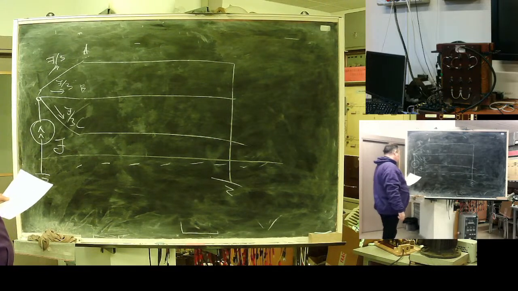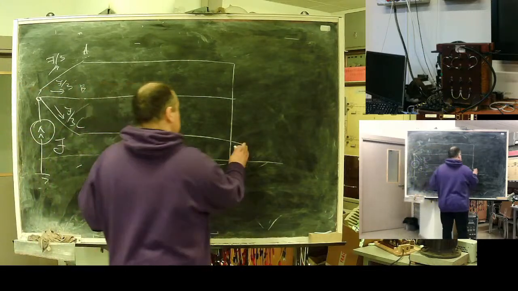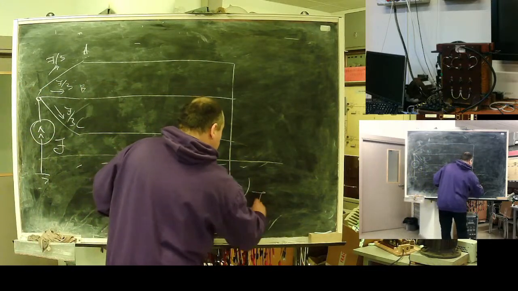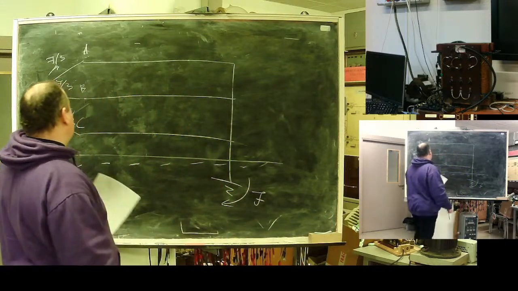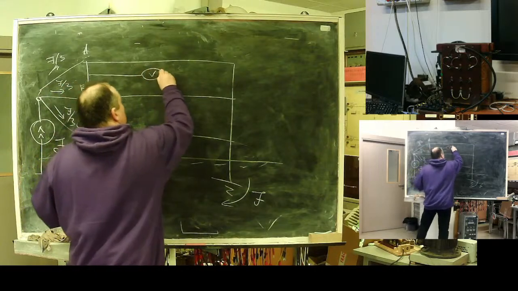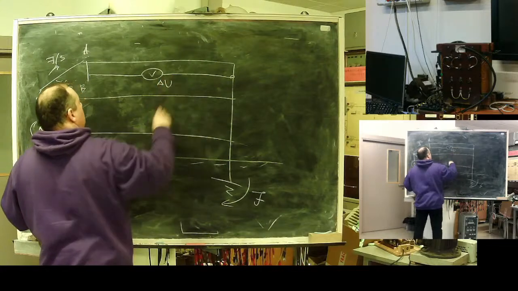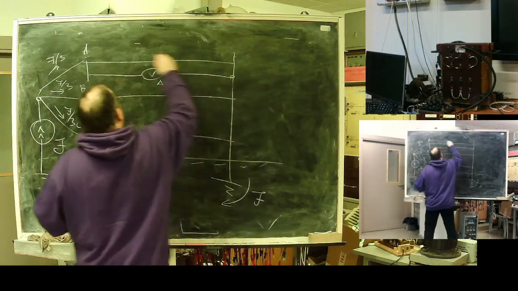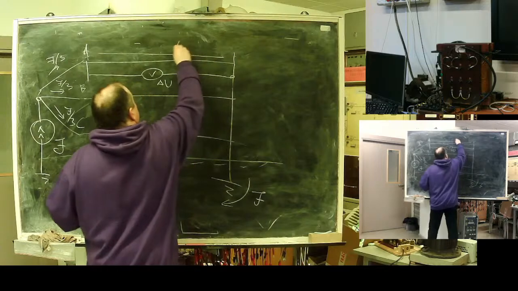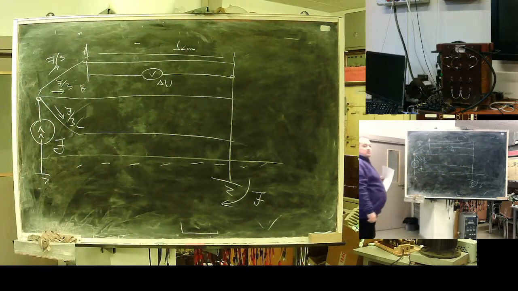Here the current will be triple. What do I need? I need a voltage drop. Let's assume it's 1 kilometer. I need a voltage drop per kilometer. This will show me the zero sequence resistance.